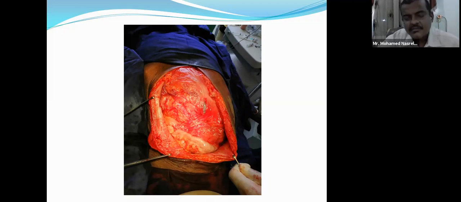The second presented with pain. The third presented because of low hemoglobin, loss of weight and fatigability. We can call it the generalized effect of the tumor.